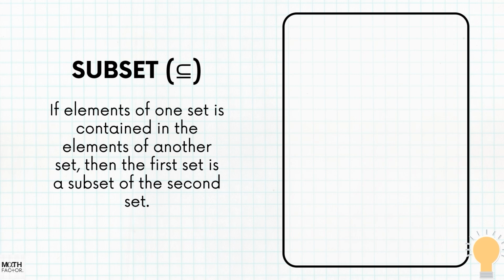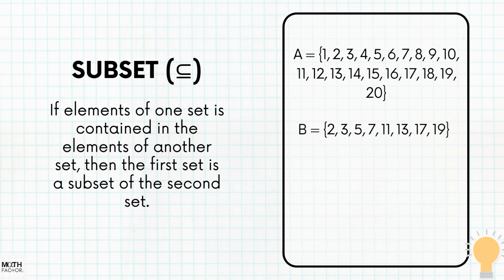For example, we have set A and set B. Since all the elements in set B is present in set A, we can say that set B is a subset of set A. But set A is not a subset of set B because set A has more elements than set B.